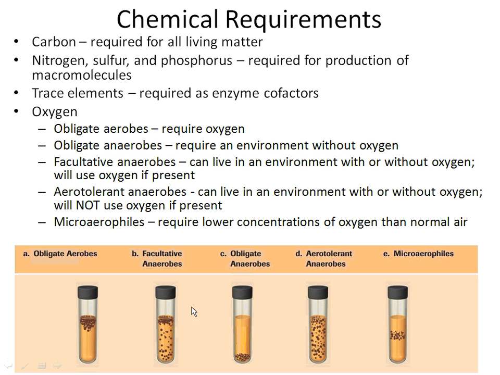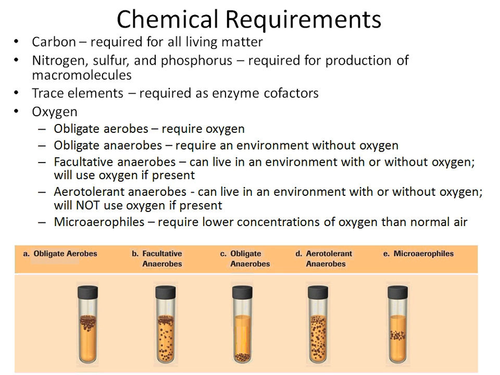Now, what's the difference between B and D? Looking just at the pictures, what's the difference? B has a cluster at the top, and then some throughout. D is just evenly dispersed. In the B picture, the clump at the top, what are they doing? They're using the oxygen. What are these other ones doing? Are they dead? They're not going to fight the crowd at the top, because a facultative anaerobe doesn't have to have the oxygen.